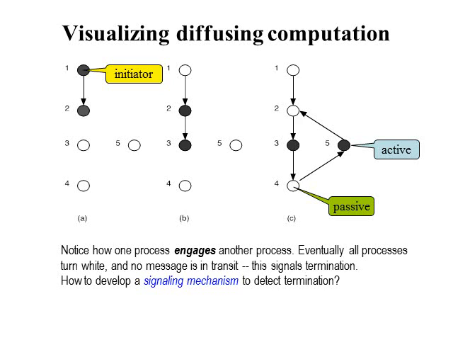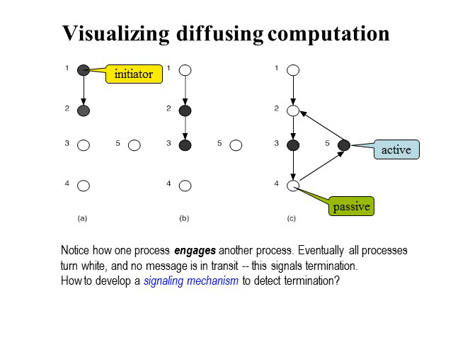Okay, so finally in figure C, we notice that processes 3 and 5 are active, whereas processes 1, 2, and 4 have become passive. So the processes move from active to passive state, all right, and engage other processes while transmitting signals, or basically they use a signaling mechanism in order to detect whether the termination has occurred yet or not.